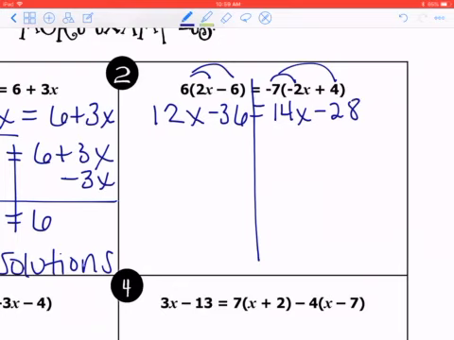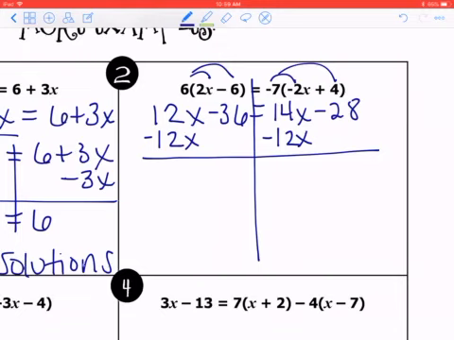Okay, we have variables on both sides. So from yesterday I said to scan for the smaller of the two. So 12x is smaller. It's positive, so I'm going to subtract it. So I have negative 36 equals 2x subtract 28.